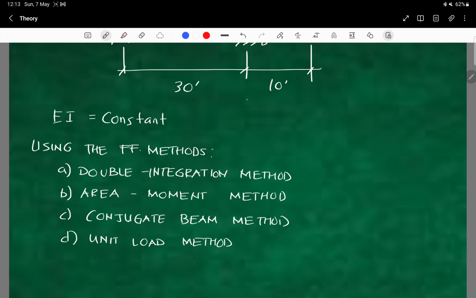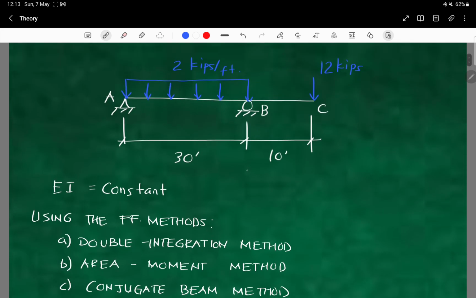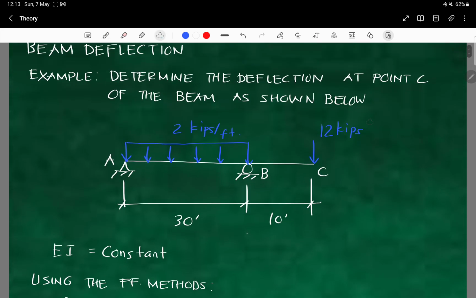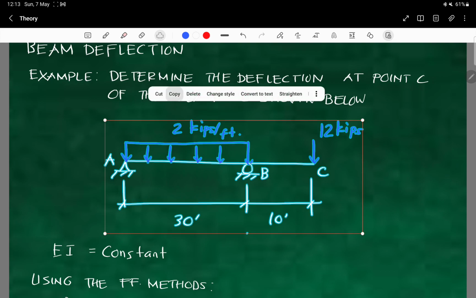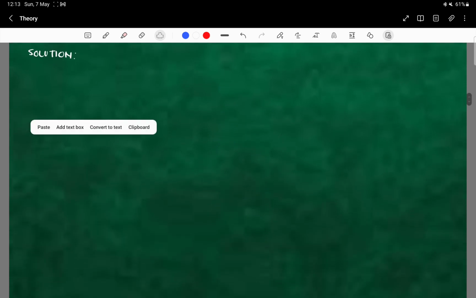First, let's solve this using the double integration method. So this is our problem, let me get it. And then we solve this using double integration.